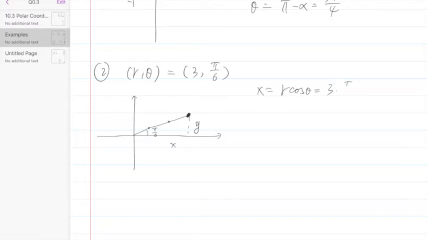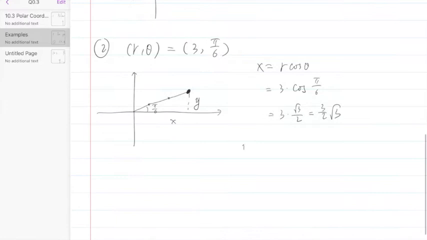Now you want to know the x, you want to know the y. It's very easy to do. X equals r cosine theta, which is 3 times cosine pi over 6. And that gives you 3 times square root of 3 over 2, which is 3 over 2 times square root of 3.